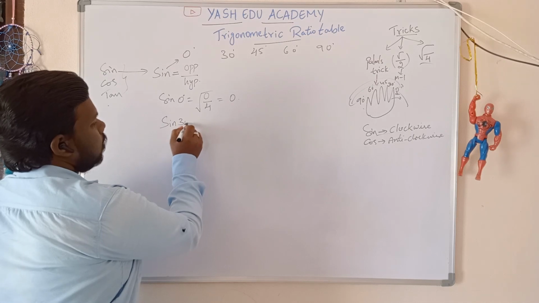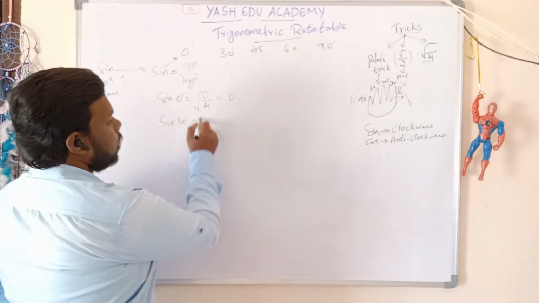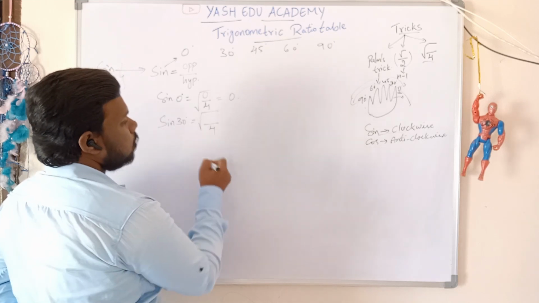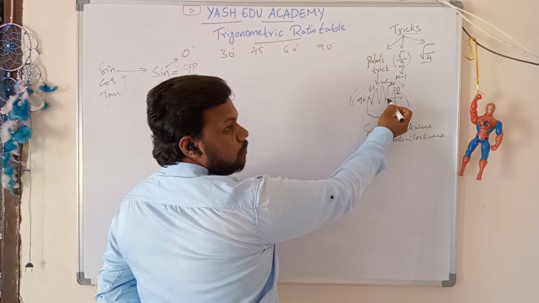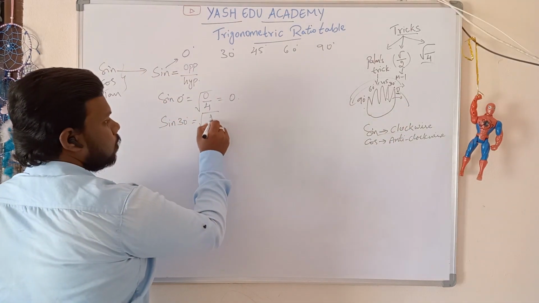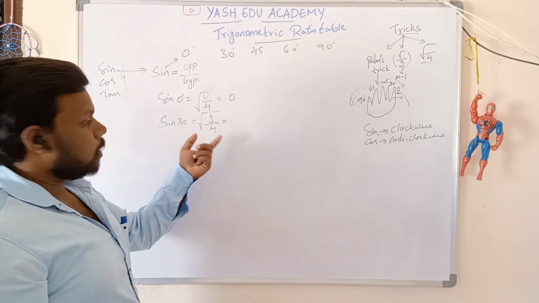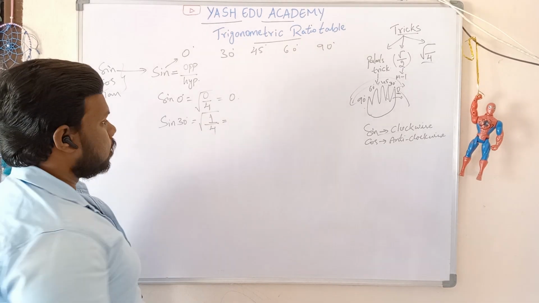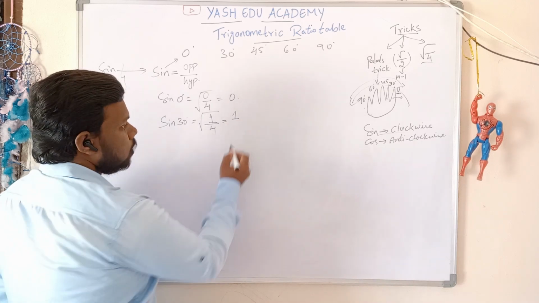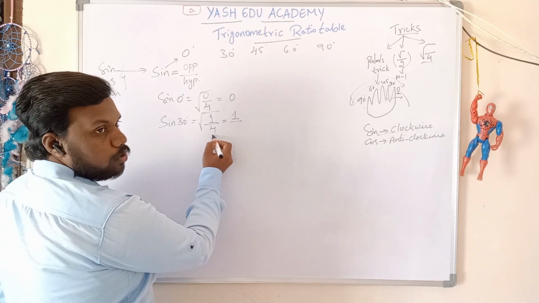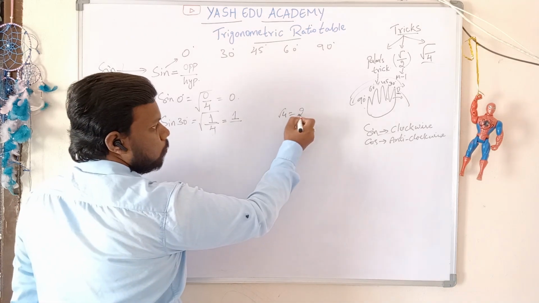Sine 30. In the same way we write root of by 4. In the numerator, for sine 30, after this finger how many fingers are left? 1. So the root gets simplified in both the numerator and denominator. Root 1 is 1 as usual, and root 4 is 2.